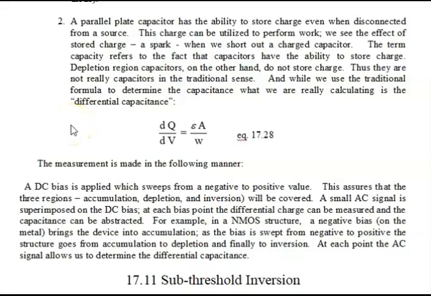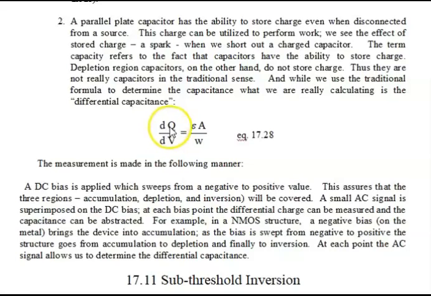The other thing about depletion capacitors, we generally don't measure the total capacitance, but rather the differential capacitance. What we do is we apply a gate voltage, and then we apply a little bit more. So we have charge which is stored in the depletion region, and then we apply a little bit more, and we see how much more charge we get for a little bit of an increase in voltage, voltage being the independent variable here.